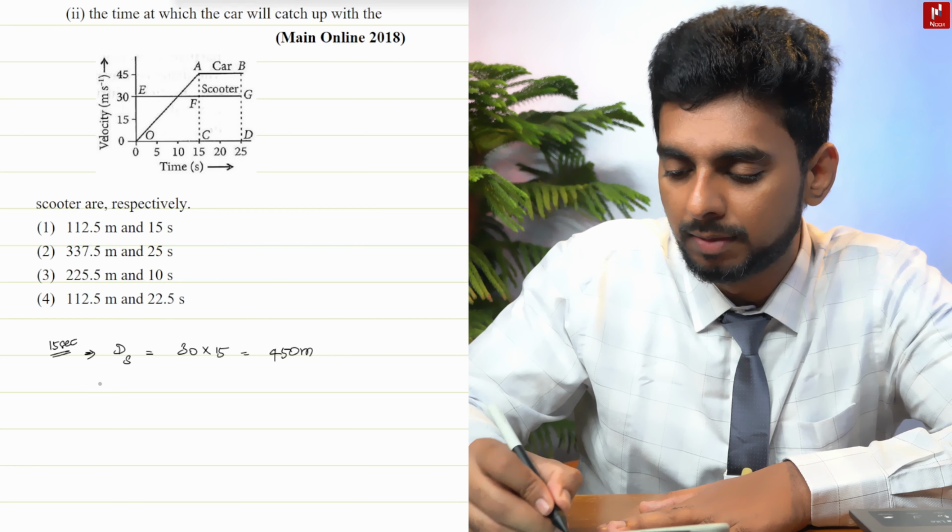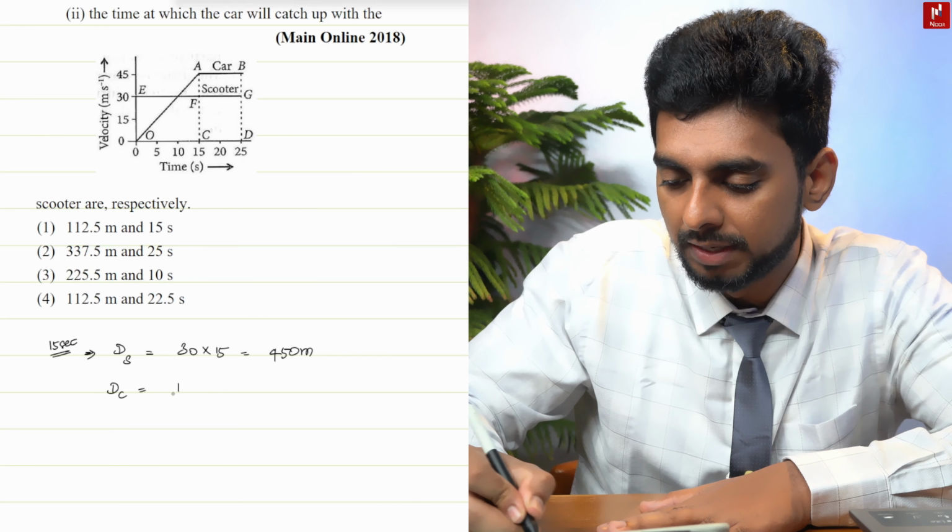Next, to get the distance traveled by the car, I just need to use half times base into height, isn't it? So half times, what was the base, what was the height over there? It was 45 multiplied by 15. That should give me the answer over there. So if I cancel this one, half of 15 is going to be 7.5, isn't it? So just do the multiplication of those two, subtract it, and you'll get the answer.